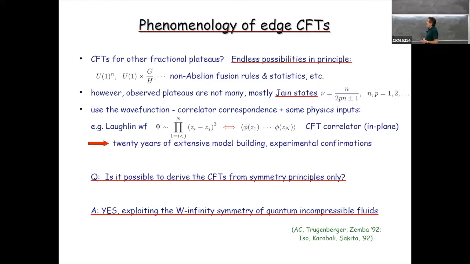So how do we deal with this? Well, there are many physical inputs, and one main feature is that there is a correspondence between wave function and conformal correlator, but this time in the plane, not in the boundary, in the plane.